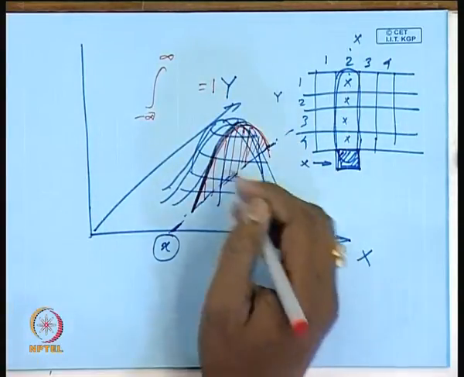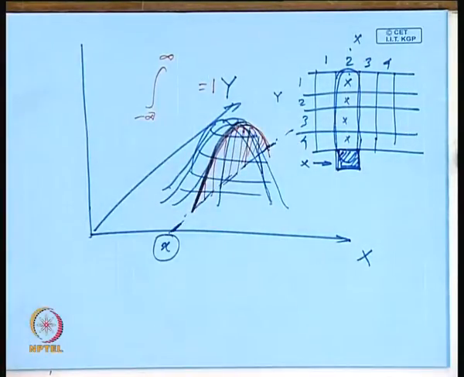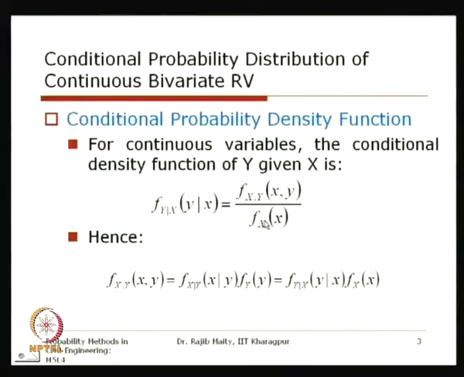So, this is the fact that we are taking, that fx is the marginal distribution of the random variable on which the distribution is conditioned.